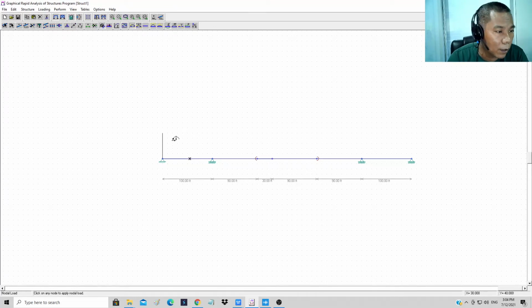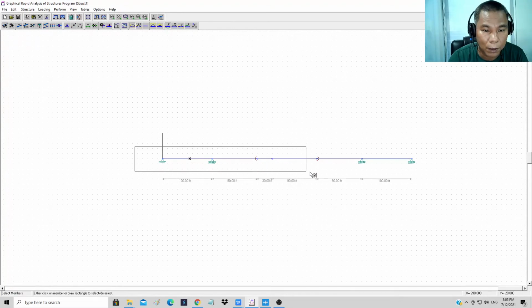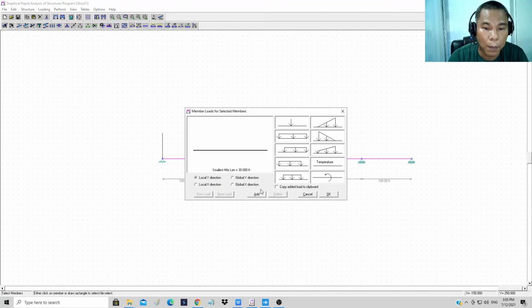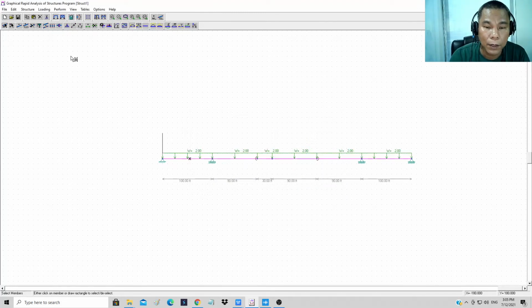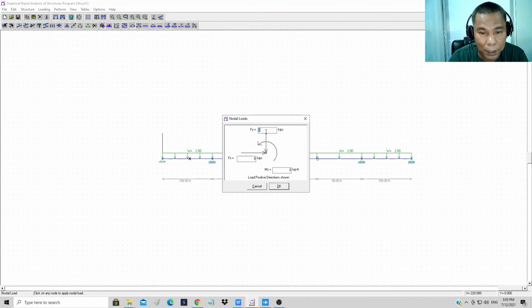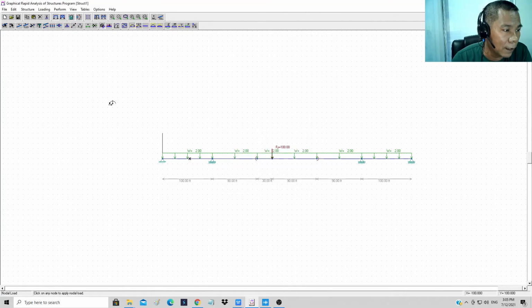Now we can select all members, select everything, and then add member loads. That is a uniformly distributed load of 2 kips per linear foot. So that's how we do it automatically. It would be easier. And also the concentrated load here, I have put another point here for easy reference.